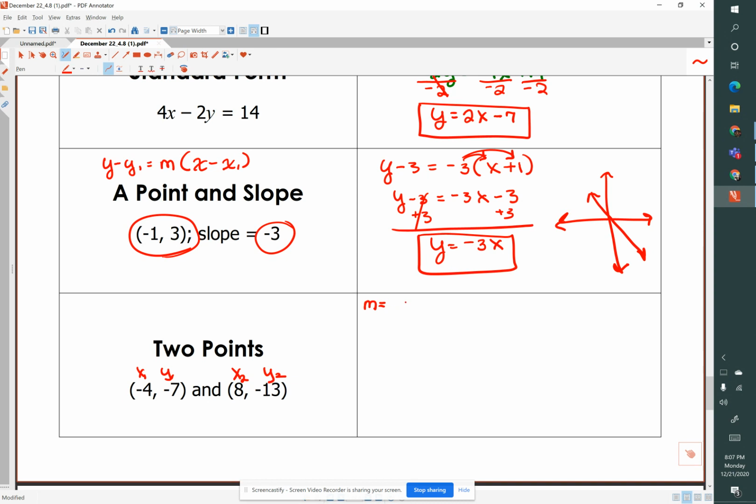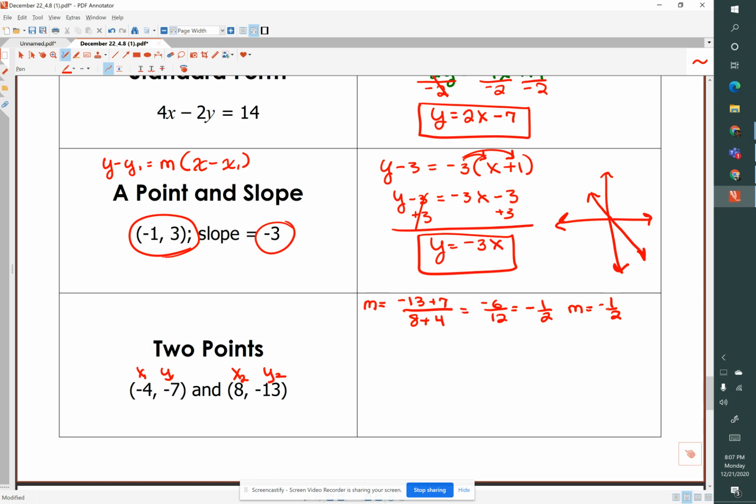So m equals y2 minus y1, -13 minus -7 is +7, over x2 minus x1, which is 8 minus -4, which is 8 plus 4. -13 plus 7 is -6, and 8 plus 4 is 12, and that reduces to -1/2. So our slope is -1/2.